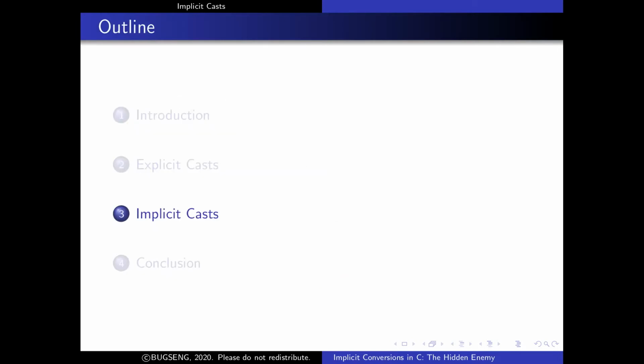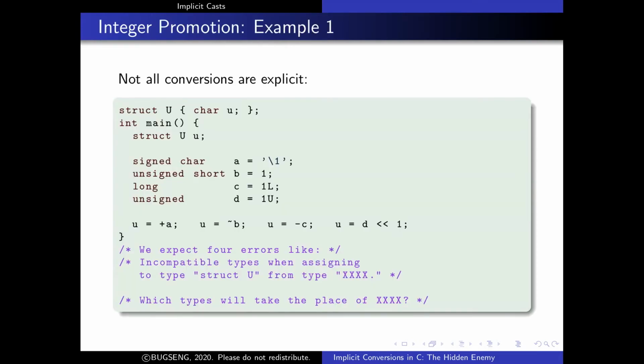So time to move to implicit casts. Here is an example that you can use with your favorite compiler, and most compilers will give the expected result. What is this?